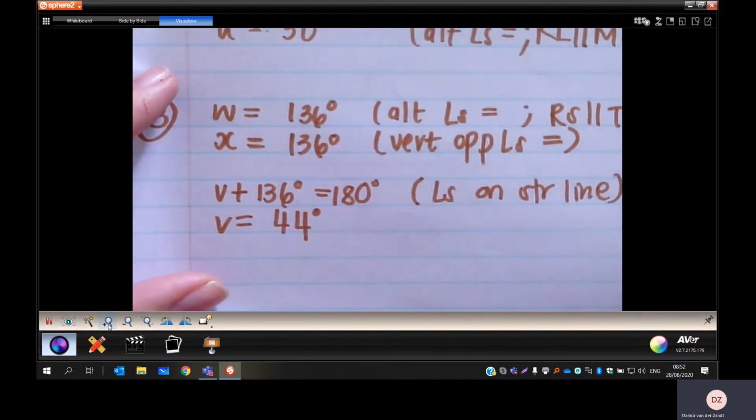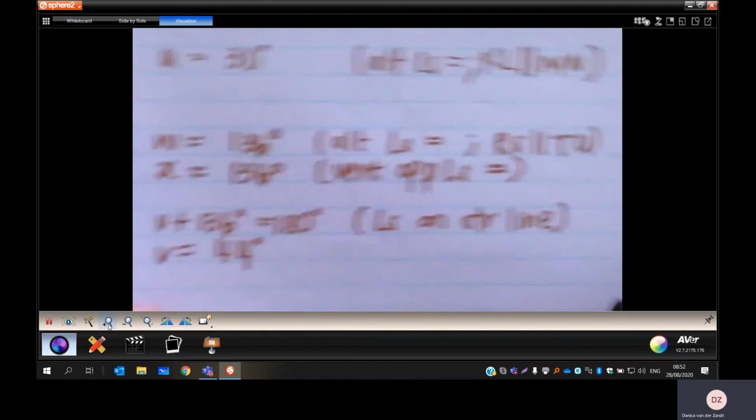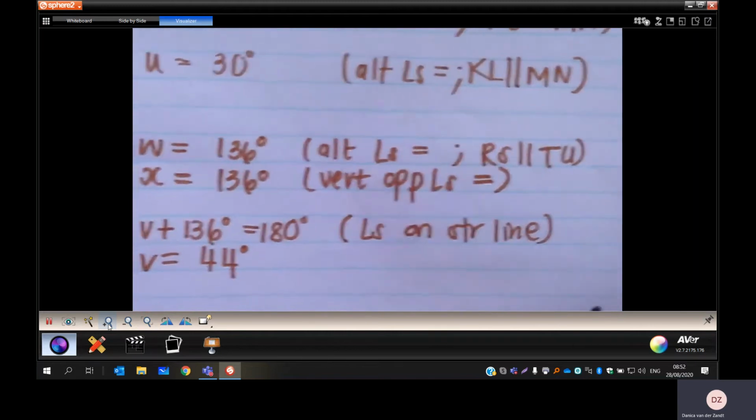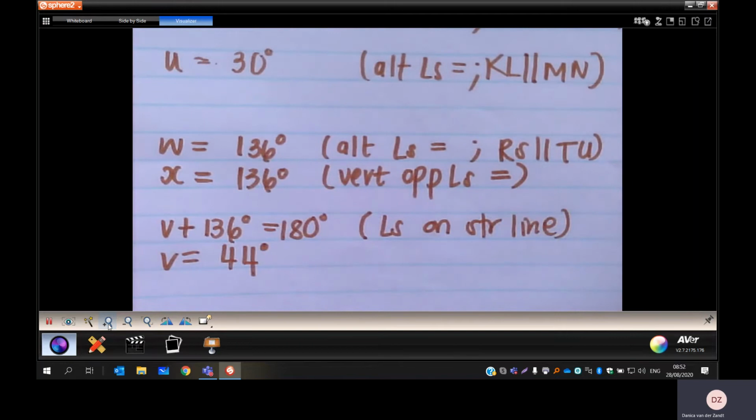So V is 44 degrees. But there are many, many ways that you could have gotten it. Keenan had one. The one that I explained to you is different to the one I wrote down. There are lots of possibilities. Any other questions or do you want to confirm? Please remember, if you're going to use parallel line rules, you have to state your parallel lines.